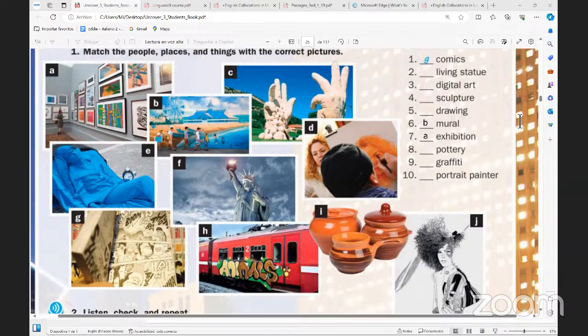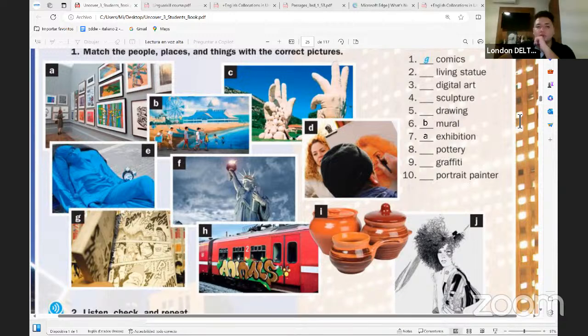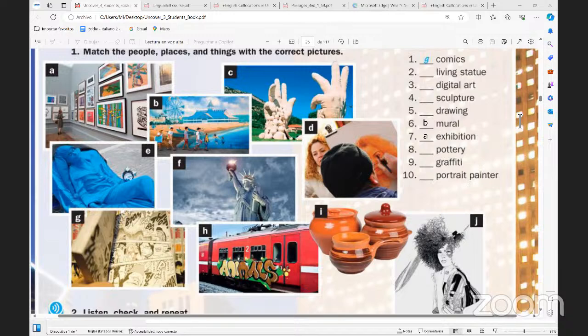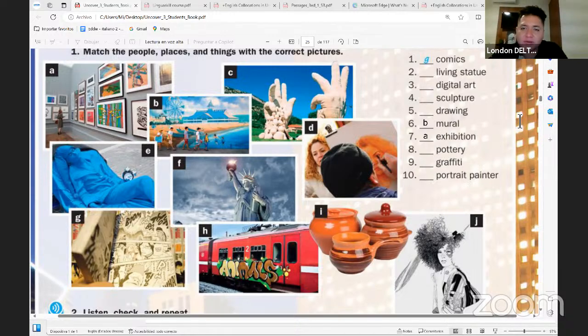Sculpture, ¿cómo se pronuncia? Sculpture. Excellent. So that's a sculpture, letter C. Yes, exactly. Sí, la pronunciación es sculpture. La U suena en realidad como una A. Sculpture.